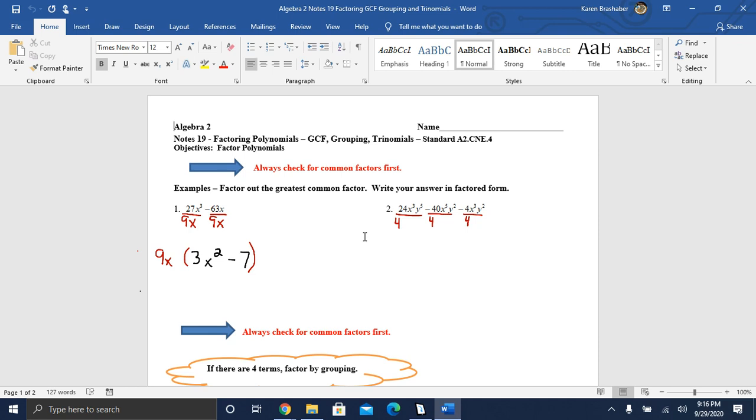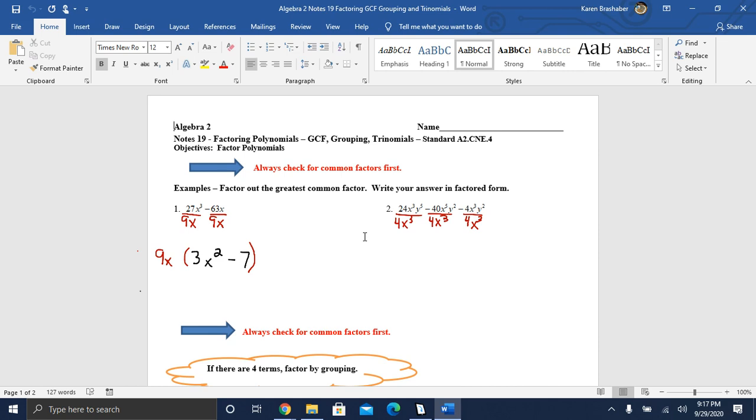So in this one, it has to be in all 3 factors. And it needs to be the lowest of the exponents that you have available. So I have an x to the third, an x to the fifth, and an x to the third. So I would have to use x to the third power, which is a factor of all 3 terms.